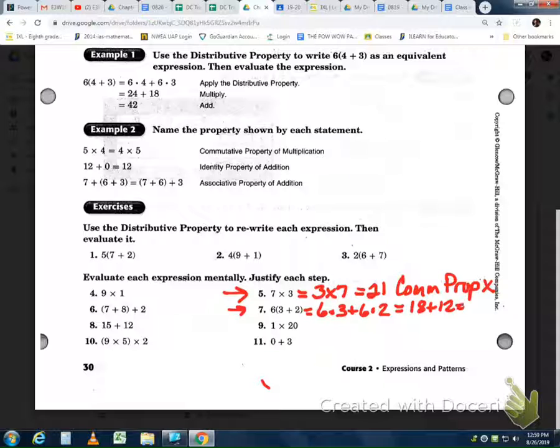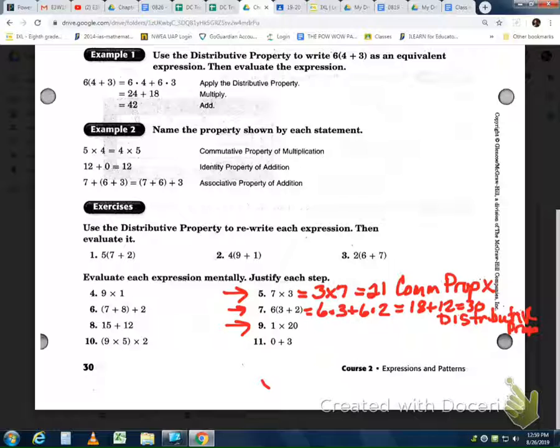And what is that? 30. And what property did we just use? The number out in front, and we multiply it through. So this one is using the distributive property.